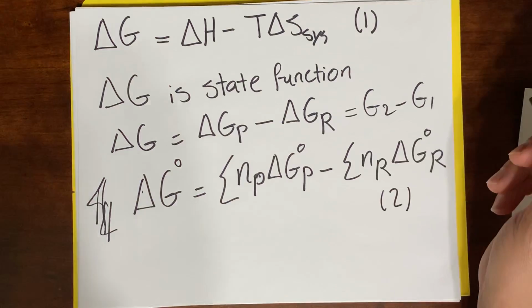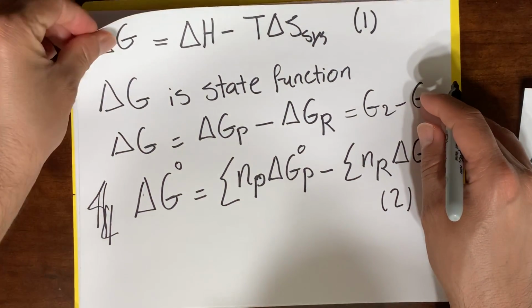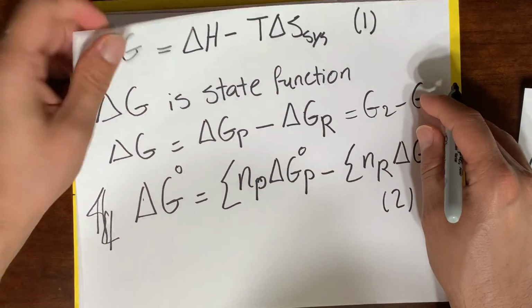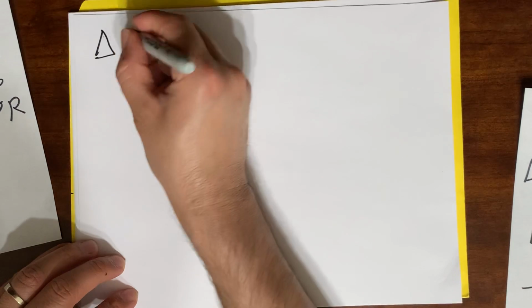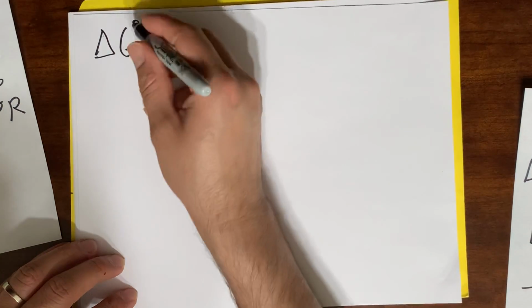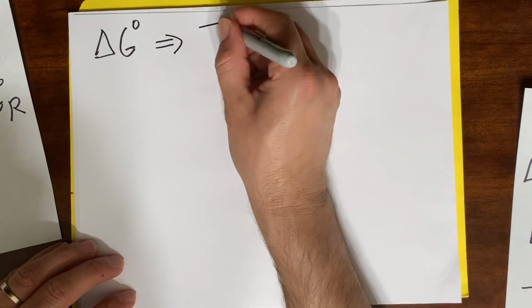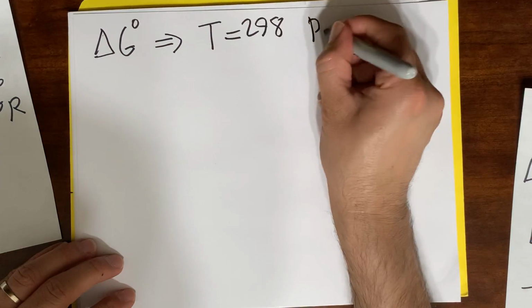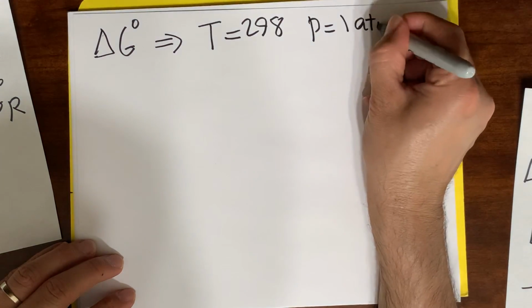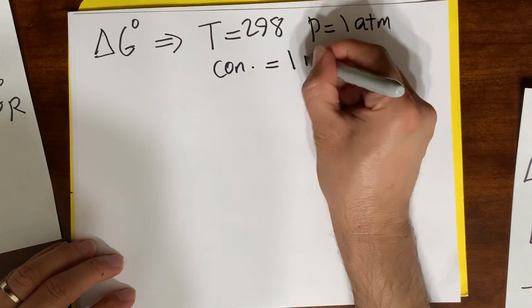What's the difference between 1 and 2? Delta G standard, you have to use it only and only for this condition, and concentration equal to 1 mole per liter.